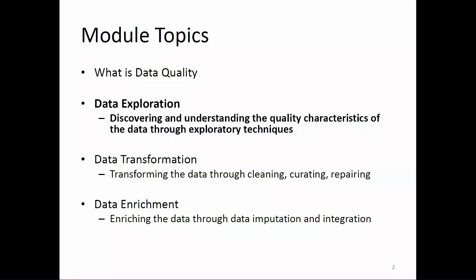So what I'm going to talk about now is the second of the 4 parts for today's module. That is data exploration. Data exploration comes effectively through all phases of the data science process.